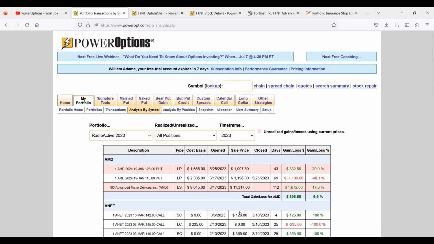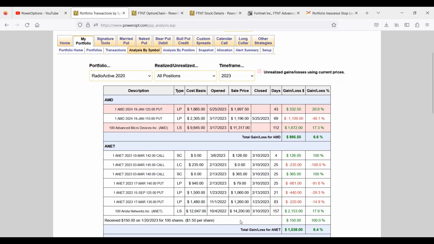Now, the difference here is that we had a lot of customers ask us: I'm trading a covered call on Apple, but I've also been doing iron condors on Apple to supplement income, or SPY. I might have a covered call or married put or a collar on SPY, and I'm doing credit spreads or iron condors on SPY.